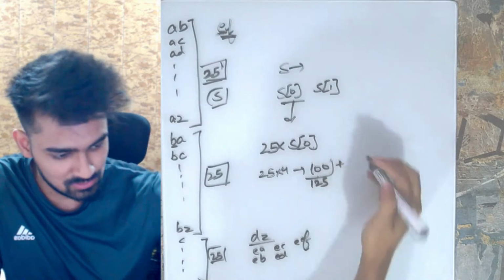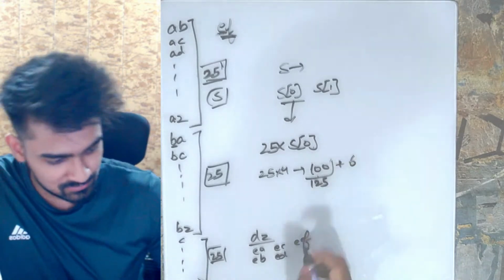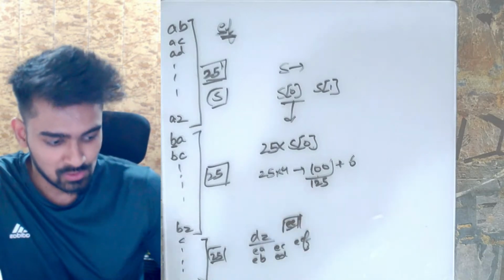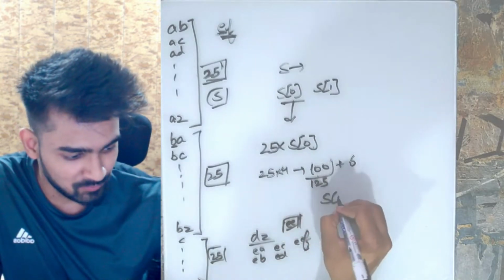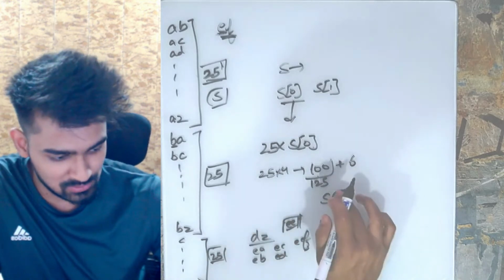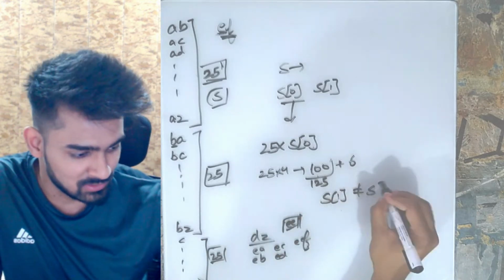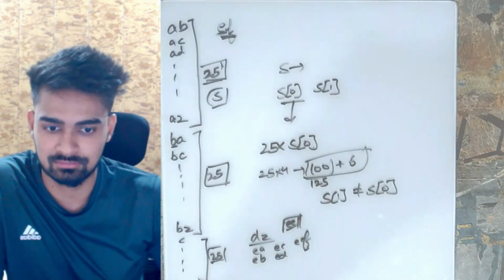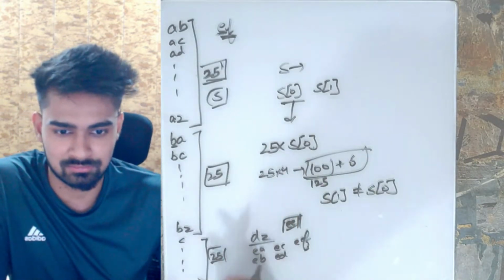Sorry, this is 6th only. And since it is at the 5th place, the reason is that we skipped EE. So what you need to do is, if S of 1 is not equal to S of 0, then you need to decrement this. And that's it.